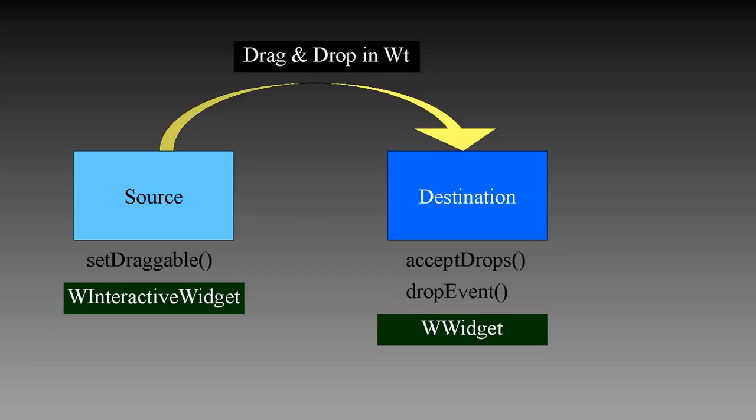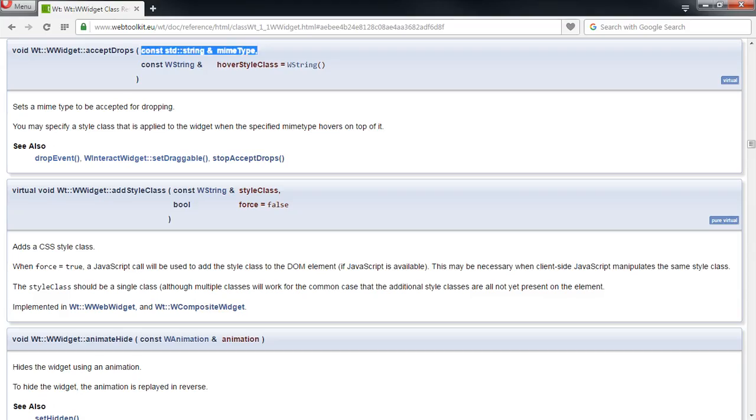You define a mime type in setDraggable, you define a mime type in acceptDrops, and the destination widget says I'll only accept widgets that have that mime type, and it could be multiple mime types, and you'll see that as we start coding. And then for the second argument, which is set to a default of a WString, you can define a hover class that applies once you do the actual dropping onto the widget. But again, I'm going to ignore that. I just want you to see what actually is going on using the basics.